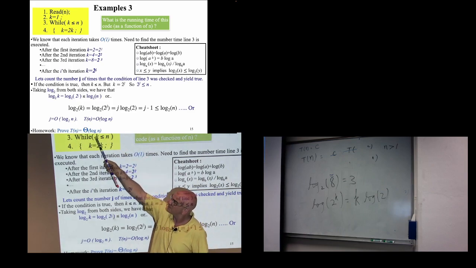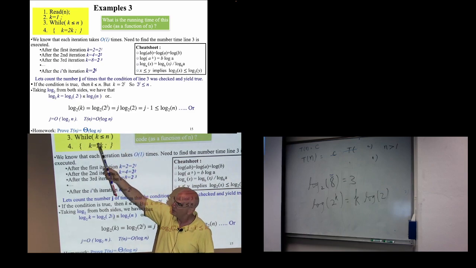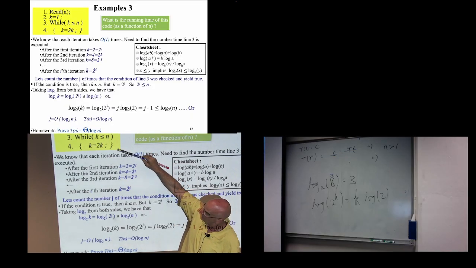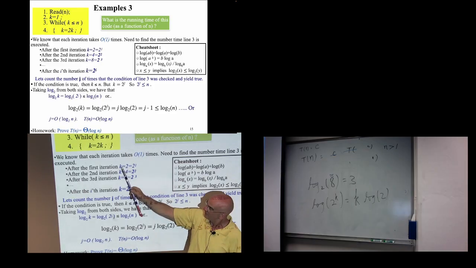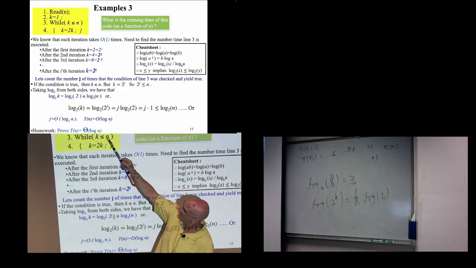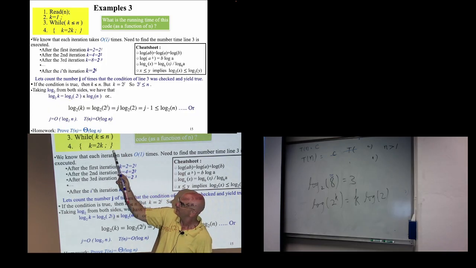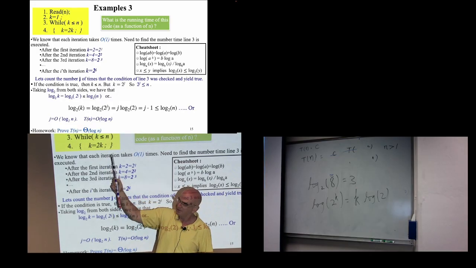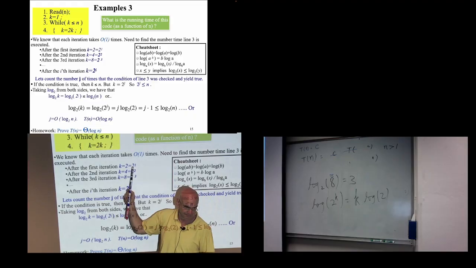Let's see what happens to k. In my first iteration, after evaluating it the first time, k will be 2 times, it used to be 1, now it's 2, so k is 2.